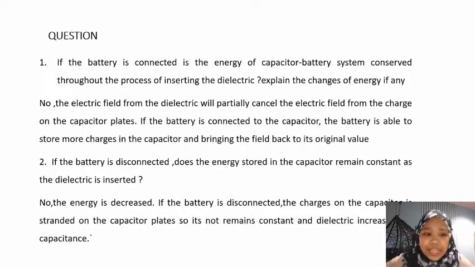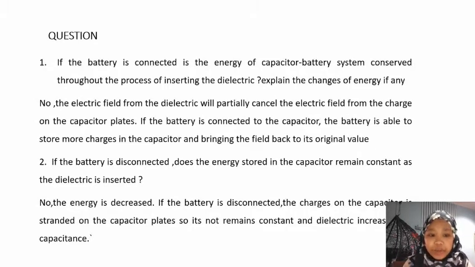The answer is no. The electric field from the dielectric will partially cancel the electric field from the charge on the capacitor plates. If the battery is connected to the capacitor, the battery is able to store more charge in the capacitor, bringing the field back to its original value.